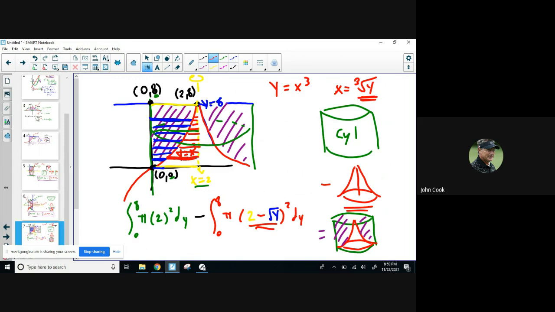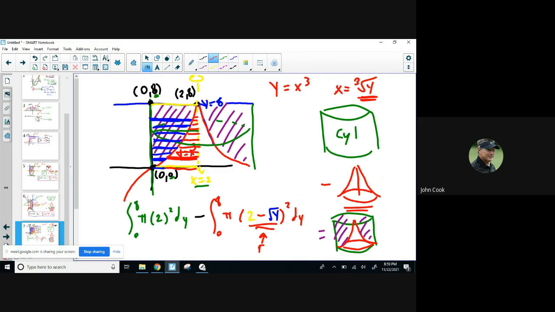This is the radius of the cross-section I'm trying to take out. So to find that length, I would take 2, which is the total yellow length, and subtract away this little blue length to get the radius that I need. That's how I'd find this radius right here.